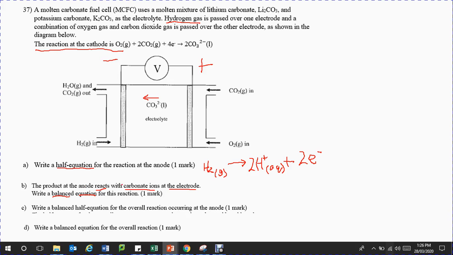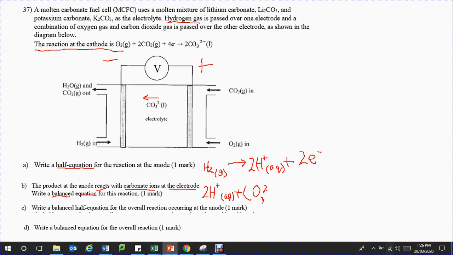So the product at the anode is my hydrogen, I have my 2 hydrogen ions, and it's reacting with my carbonate ions. So it gives me CO3 2 minus, liquid. Sorry, not very fast with this.